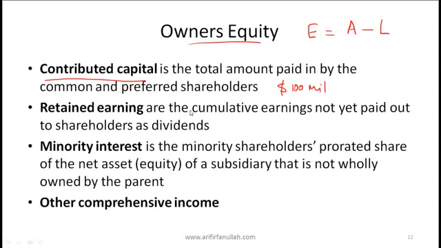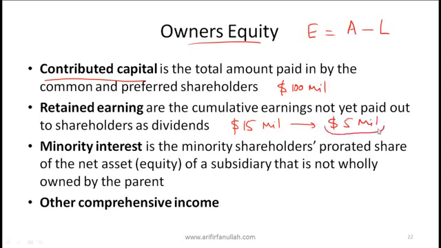Retained earnings are the cumulative earnings not yet paid out to shareholders as dividends. So let's say that this company has been in business for 5 years, and in the last 5 years the company has made profits of 15 million, and from this 15 million, 5 million has been paid out as dividends.